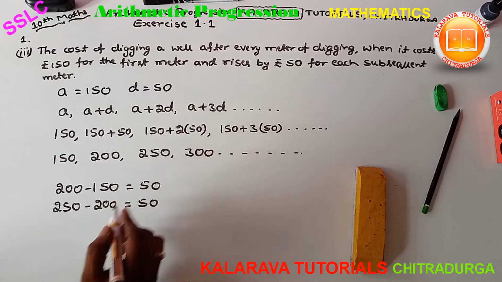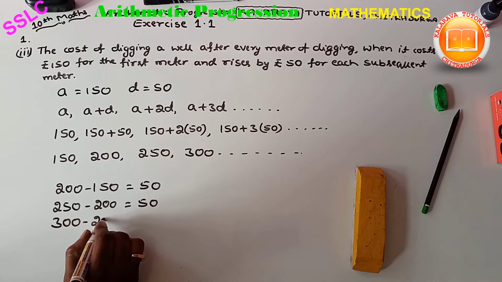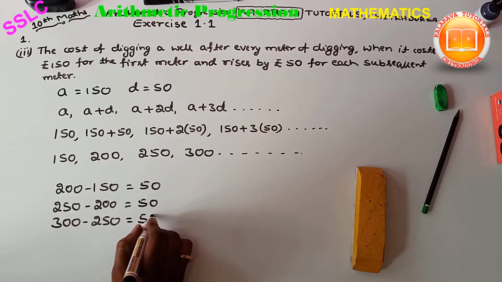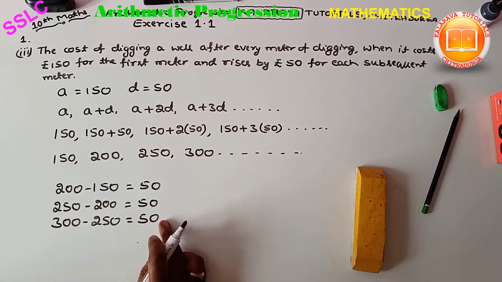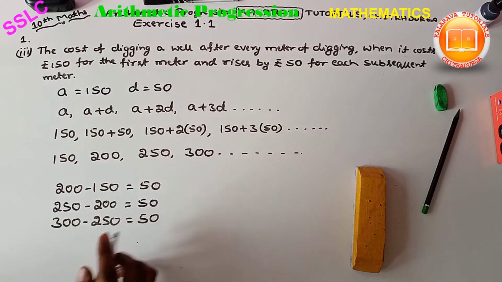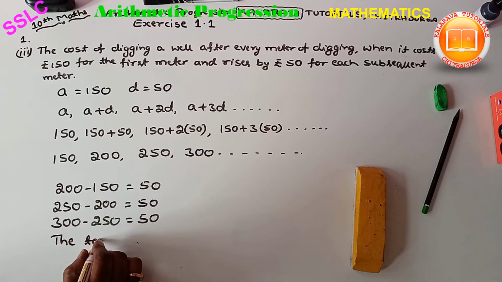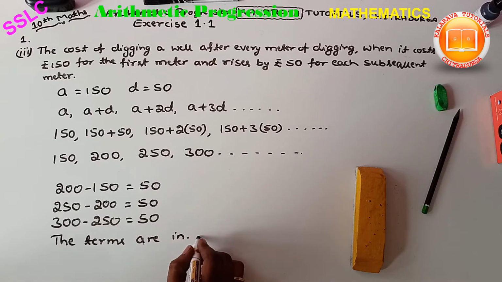The difference of the fourth term and the third term is 300 minus 250, which also gives 50. All the differences are constant, which means the terms are in AP.